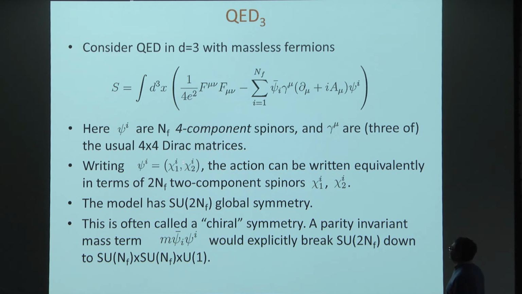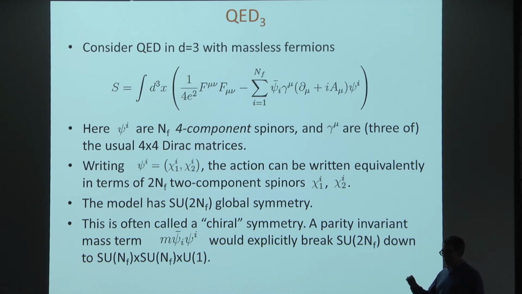Essentially, the picture is like this. You start with N_F 4-component spinors, and this is how Appelquist and Pisarski originally wrote it, because they were thinking of it as a dimensional reduction of the 4D gauge theory in a thermal setting. This notation is often used. One cautionary note: when you read a paper on this, first make sure what N_F refers to.